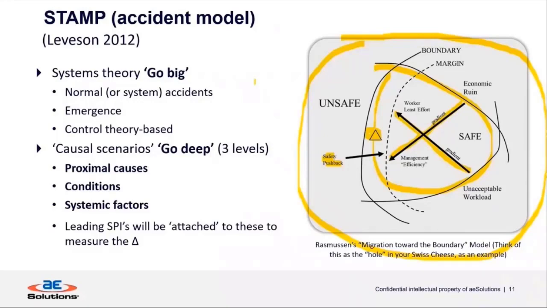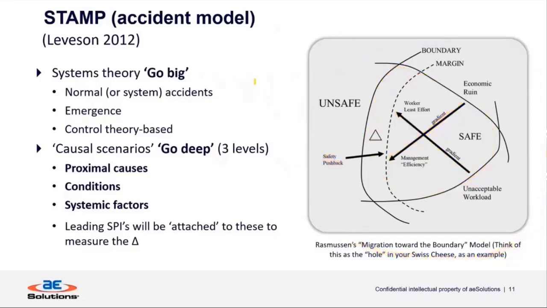And the control theory based aspect of STAMP comes right from control theory. So you're going to have constraints, you're going to have feedback. I'll show you what that looks like on the next slide, how it looks like a PID controller controlling a process. And so I wanted to make you aware basically of the background model for STAMP.